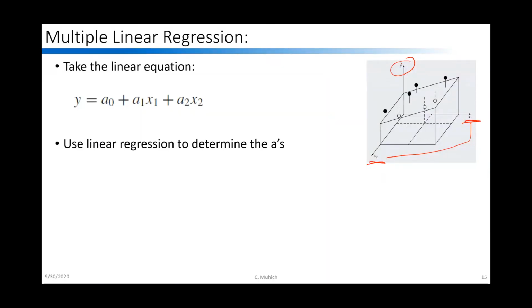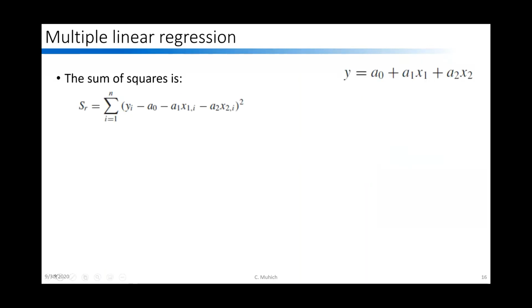The idea being that we're going to take this equation, calculate the sum of squares of our residuals, and then take the derivatives with respect to our different a's. So let's go ahead and do that.